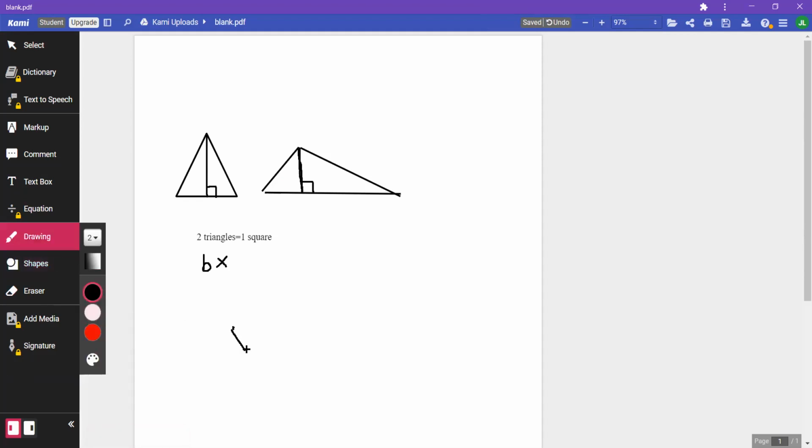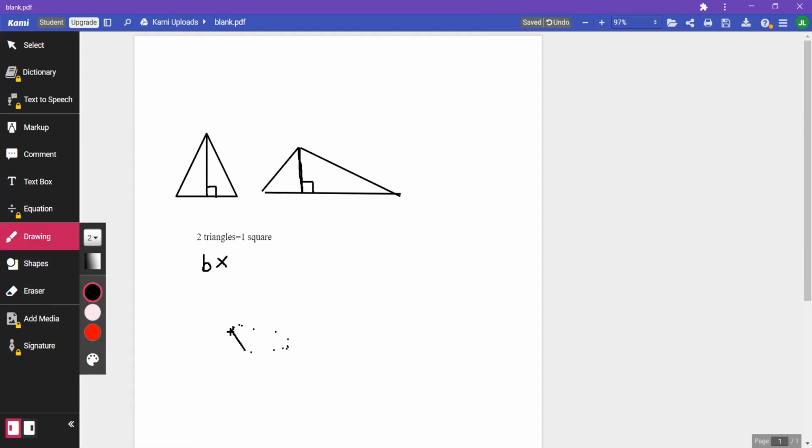Sorry about that. My triangle here, I'll just make up the dots for it. So this triangle is like this.